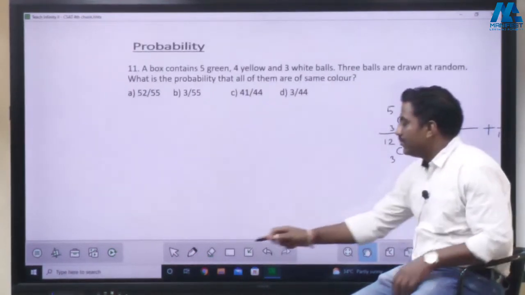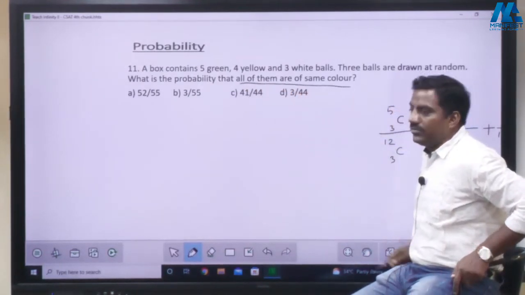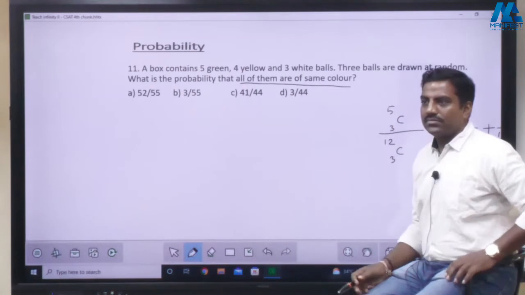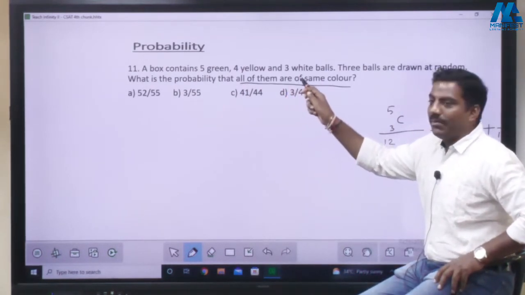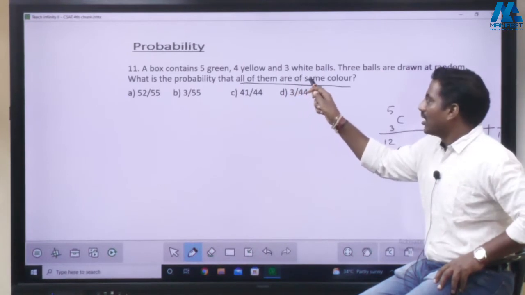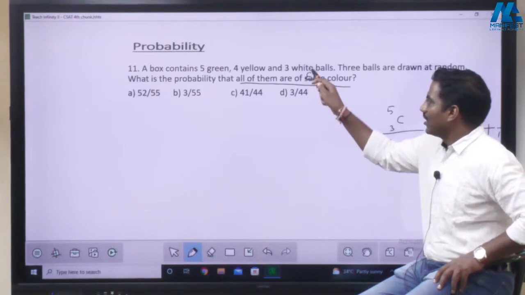What I have done here, all of them are of same color. Now I'll do all of them are of different color.